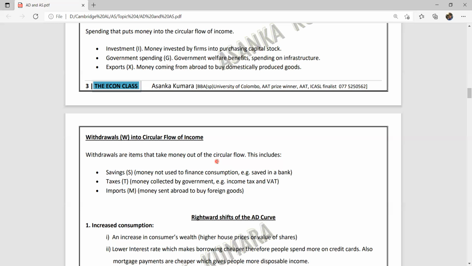Right now, you don't need to know this, but you should realize what things come into the circular flow, or the entire economy, and what things go out from the economy. Coming in, of course, investment, government spending, exports, in the form of money. Financial flows out from the economy are saving, taxes, and imports.